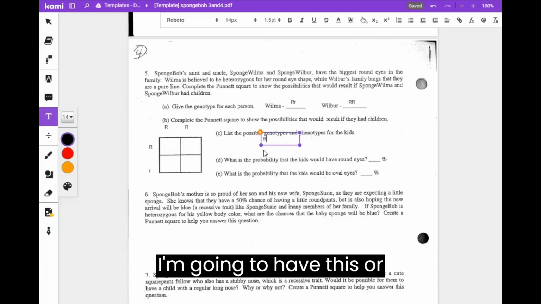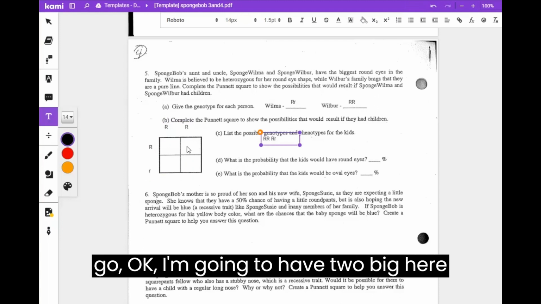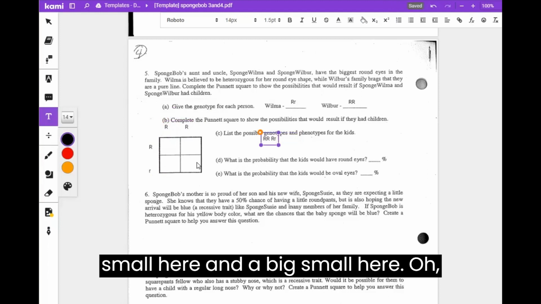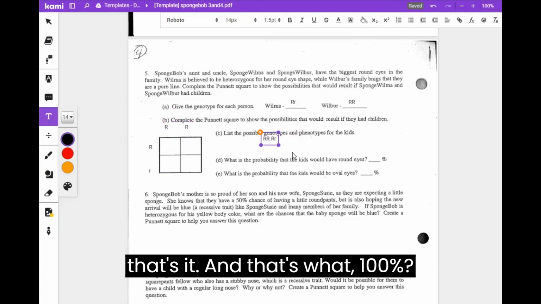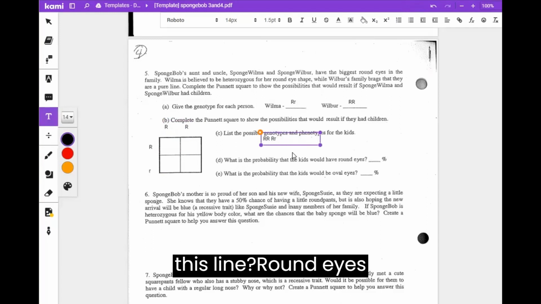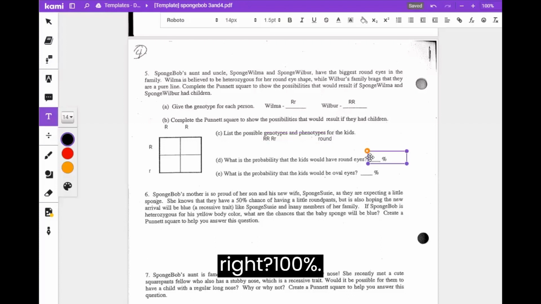I'm going to have this or this. That's the only possibility. I can go, okay, I'm going to have two big here and two big here. I'm going to have a big small here and a big small here. Oh, that's it. And that's 100%. What is the dominant trait for this one? Round eyes. 100% round. That's all they can have is round. 100%. This is 0.